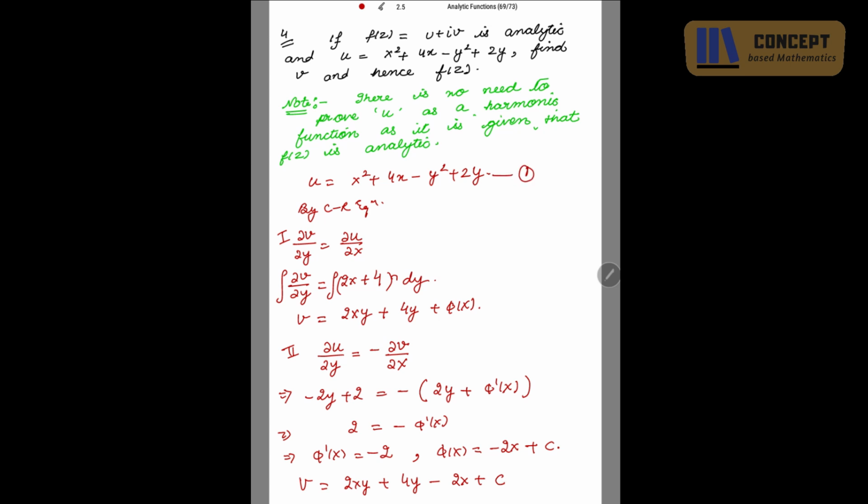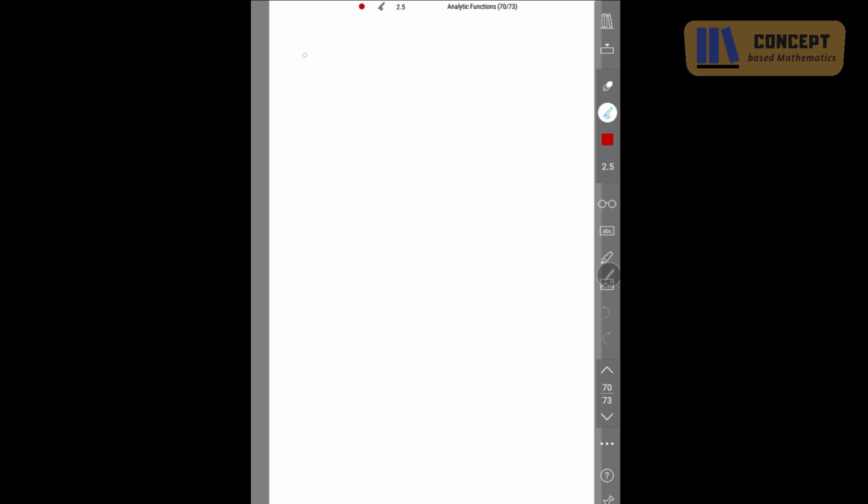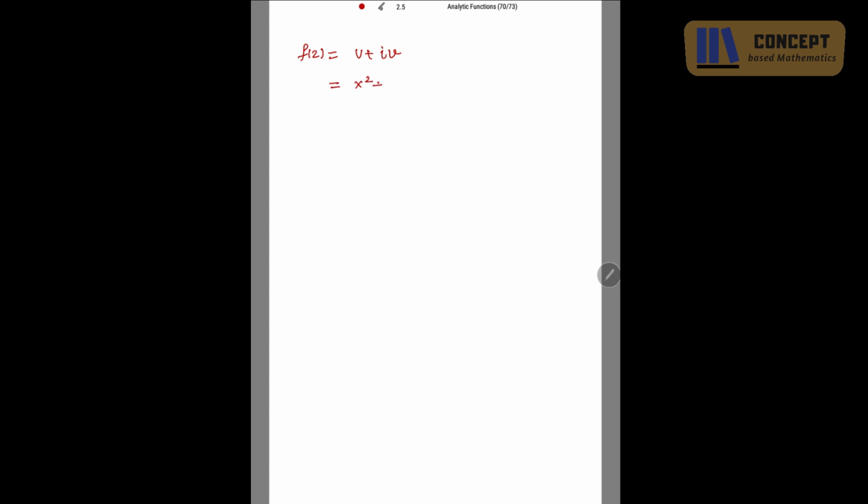This is u, this is v. So f of z becomes u plus iota v. U is x square plus 4x minus y square plus 2y, plus iota, v is 2xy plus 4y minus 2x plus c.